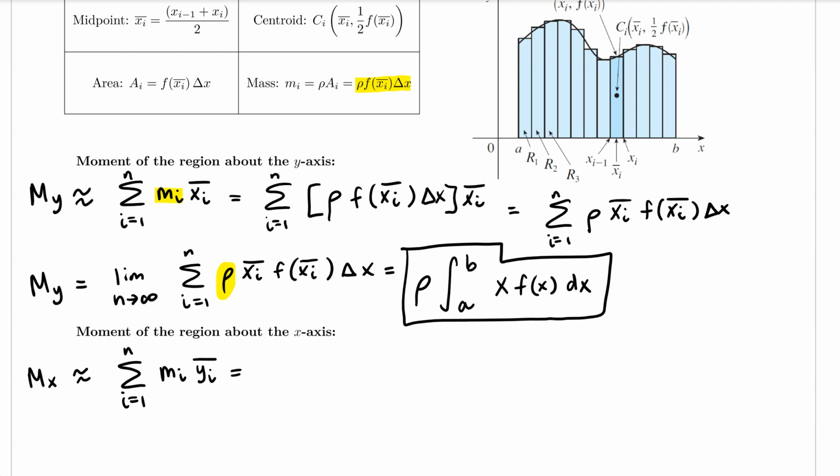And I'm going to go ahead and replace the mass again, just like we did in the previous example. And then that is being multiplied. Instead of writing it as y sub i bar, I'm going to use this notation that we saw previously. So I'm going to multiply by 1/2 times f of x sub i bar.